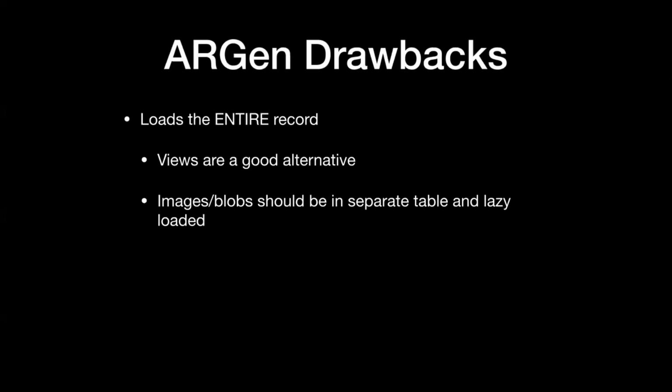Since all these things take up time and memory, images and blobs can take a long time. So they should be in a separate table and then lazy loaded. We've done this with a number of items. On one project we stored images, and some of these images would get 2-3 megabytes in size. On another project we did, we stored documents in the database.